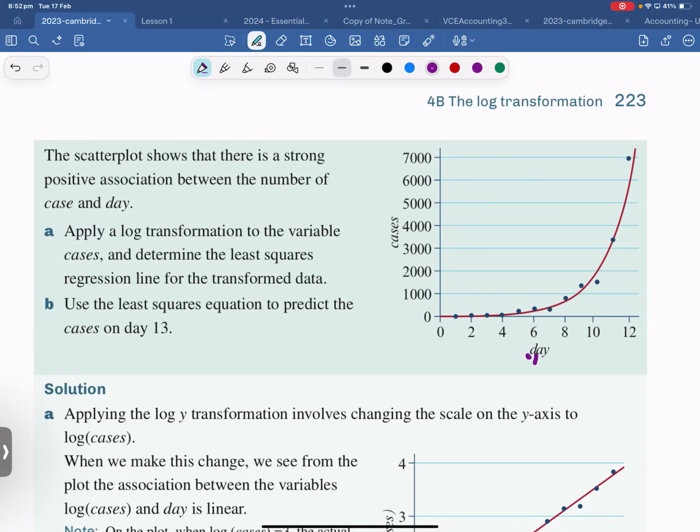One person will make another person sick, and then they are going to make other people sick, and so on. So at the end, it is increasing exponentially. So what are we going to do, guys? We have to apply log for y, right? Because the dependent variable is very high.